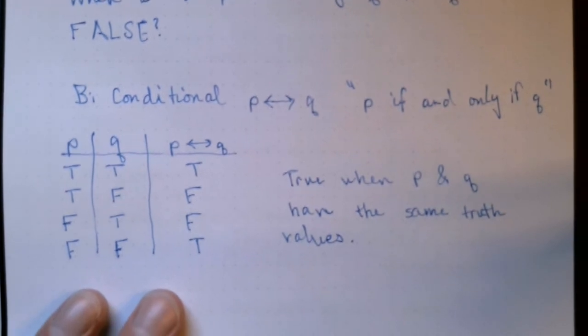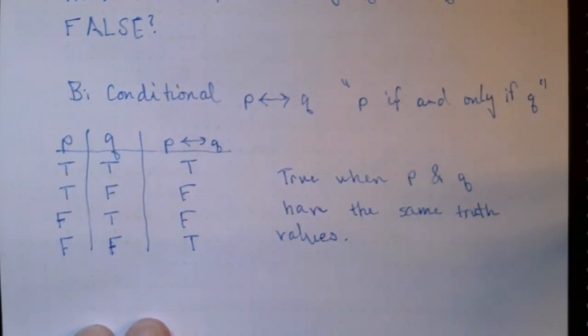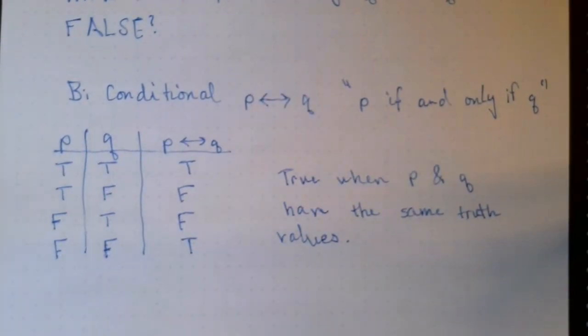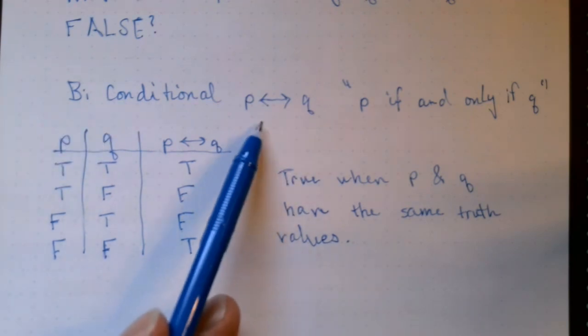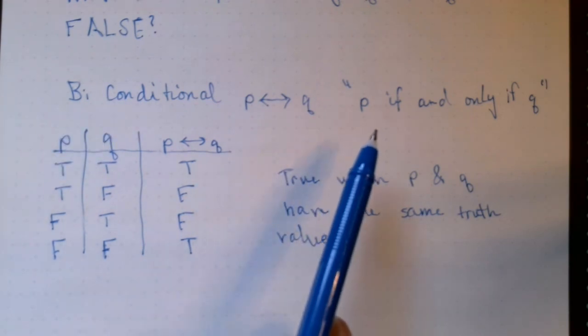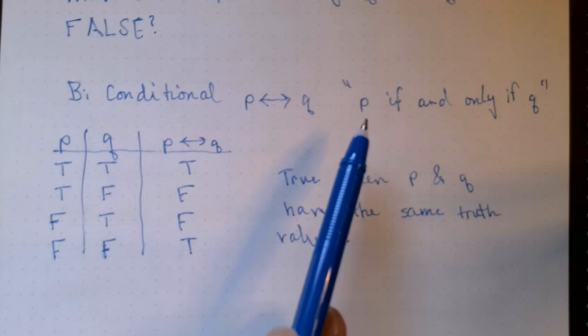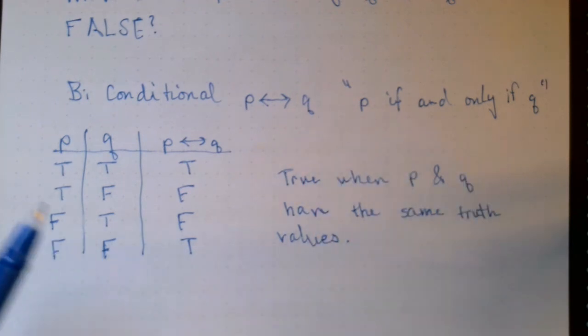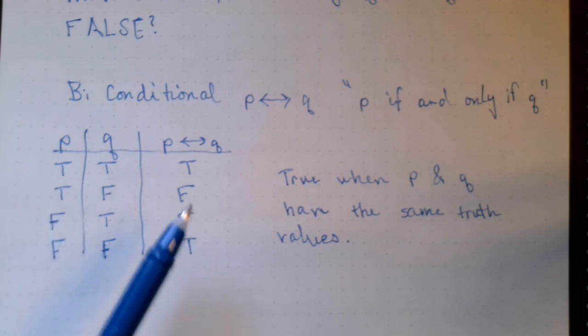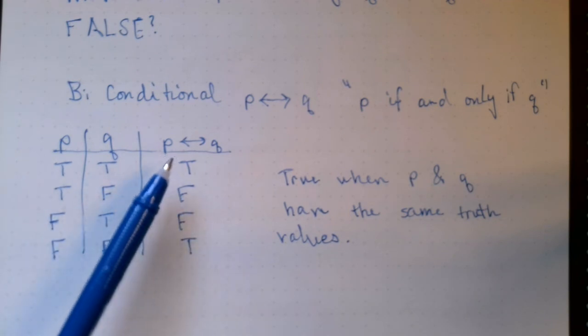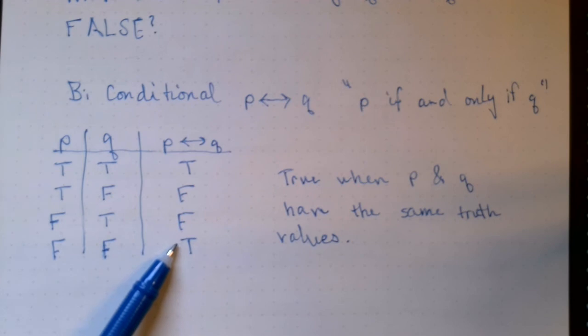The last operation that we'll be using in this unit is called the biconditional. It's a double arrow, and the English sentence version of it is "P if and only if Q." Here's the truth table right here. Notice you've got a true up here and a true down here on the bottom.